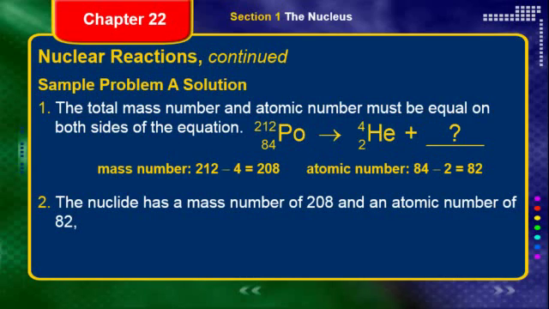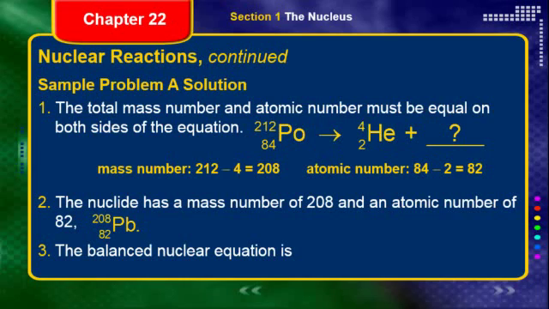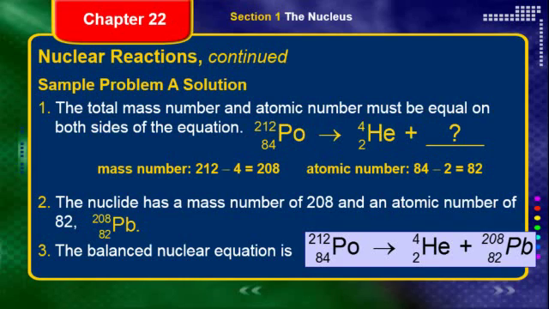So what I simply do is I look through the periodic table and I find the element that has an atomic number of 82, and I describe it as having a mass number of 208. So looking at the periodic table, we see that the element that has an atomic number of 82 is lead, and it has a mass number of 208. So the balanced nuclear equation is polonium-212 emitting an alpha particle, resulting in lead-208.